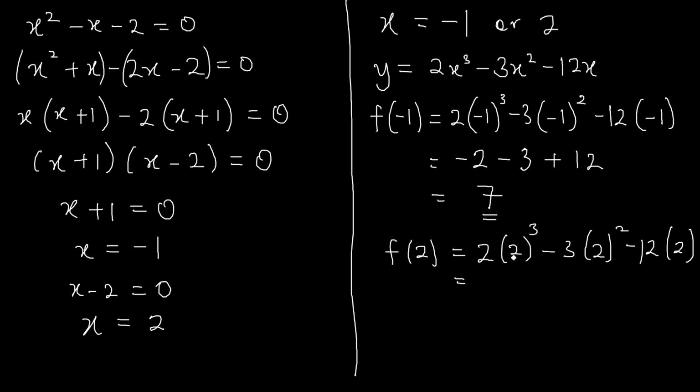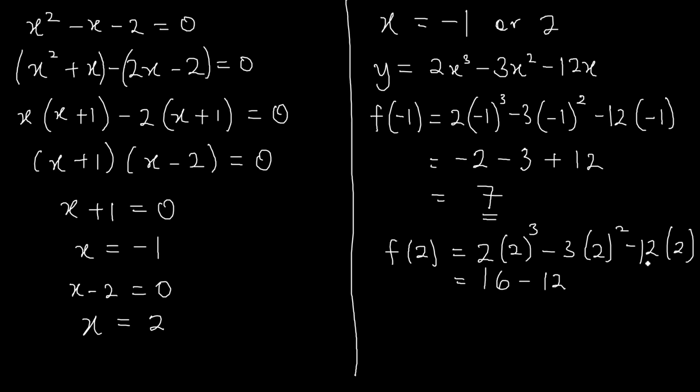The cube of 2 gives us 8. So 2 exponent 3 is 8. 8 times 2 gives us 16. Then we move on to the square of 2, which is 4. 4 times negative 3 gives us negative 12.